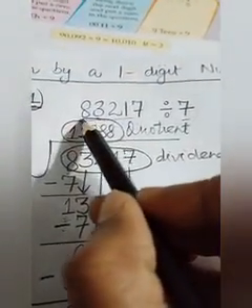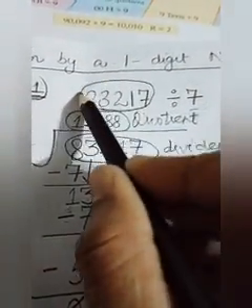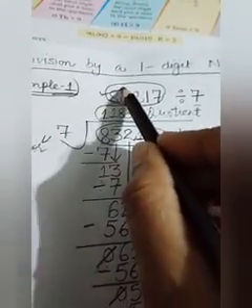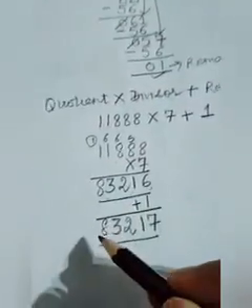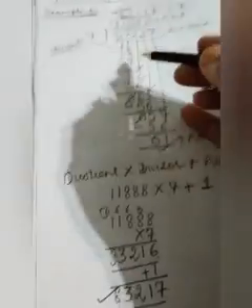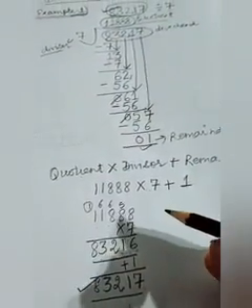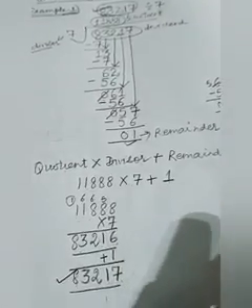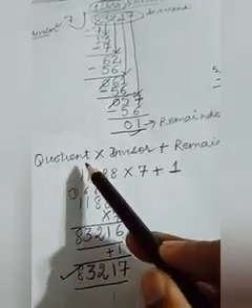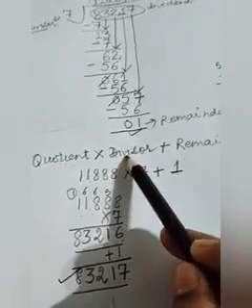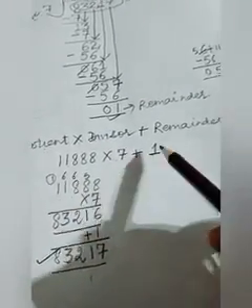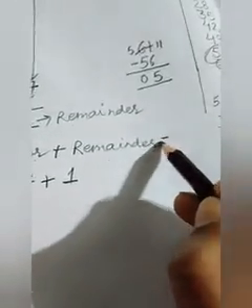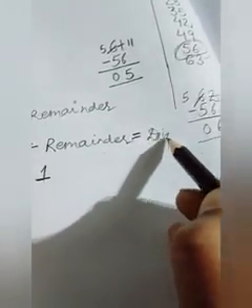Now see our sum. What is the statement in our sum? 83,217. If this statement and this calculation are both matching, then our sum is right. In other words, when we multiply quotient and divisor, and after multiplying the remainder is added, then the dividend must be there.